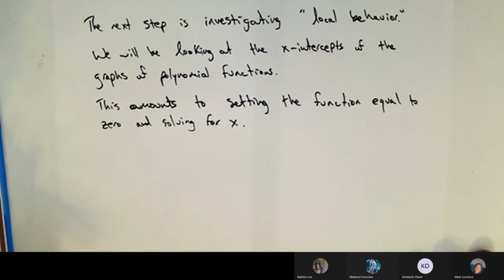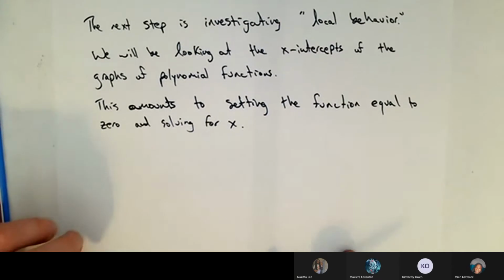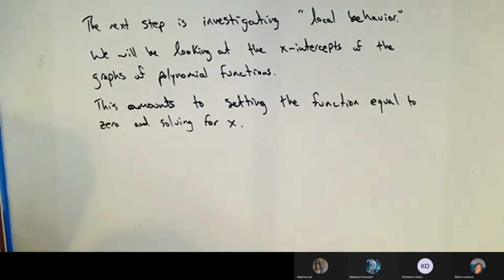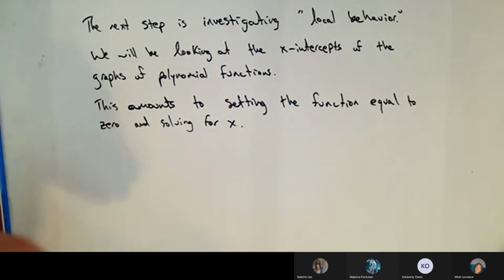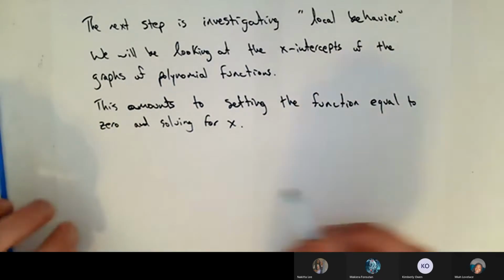I could write down a polynomial function in one second that would be pretty much impossible to solve for x without a computer. So in this section, I'm going to be very careful about the functions I give you and ask you to solve by hand because they need to be doable. But basically, all we're going to be doing is setting a function equal to 0 and solving for x. That is how you find the x-intercepts.